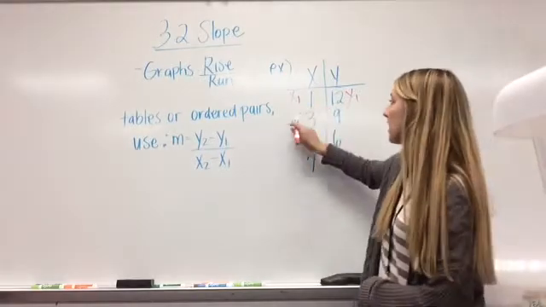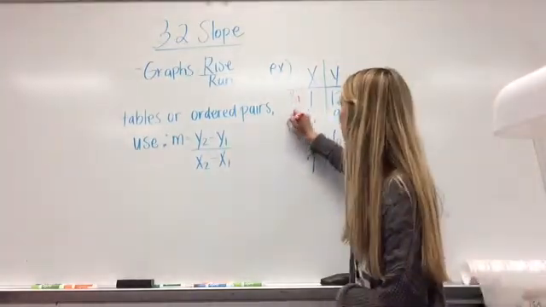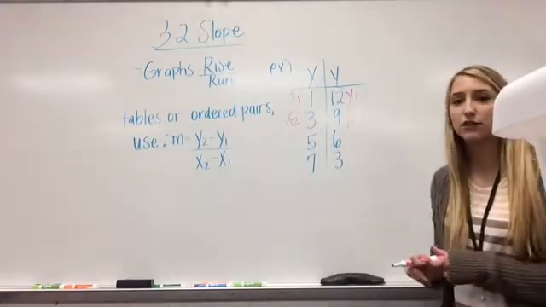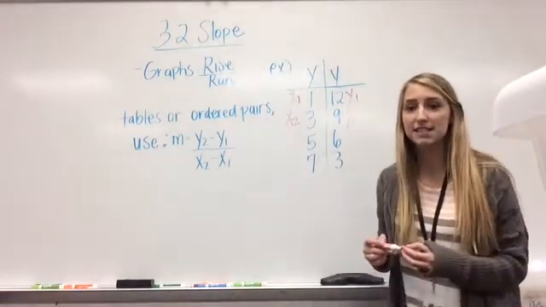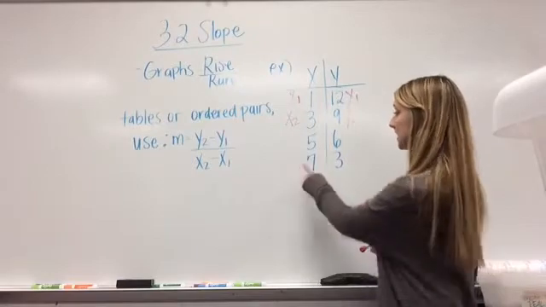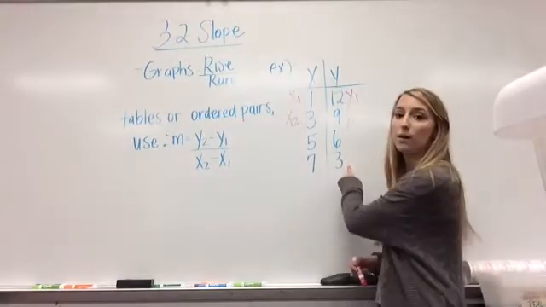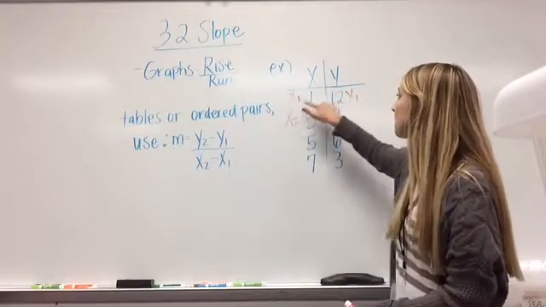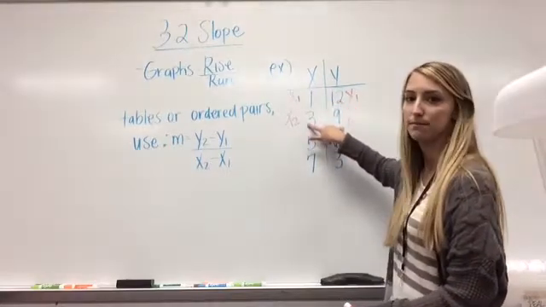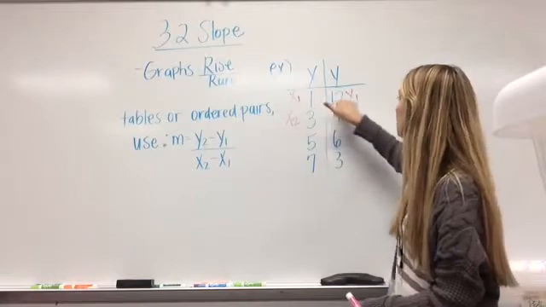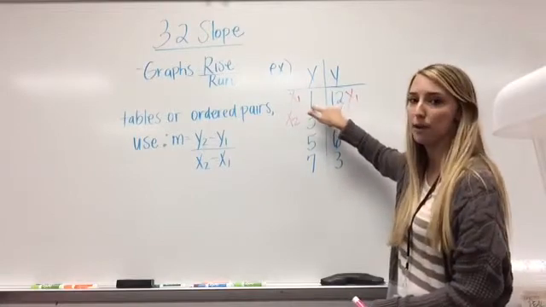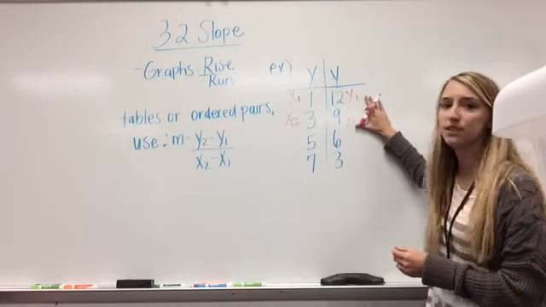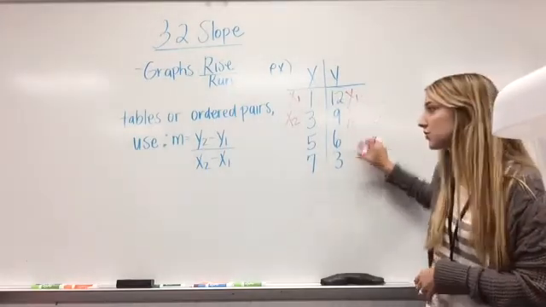And over here, I'm going to label this x2 and y2. I just picked the first points because that made sense to me, but I also could have picked this for my x1 and this for my y1. It doesn't matter as long as the 1's match up and the 2's match up. So these x1 and y1 have to be part of the same ordered pair. Okay? Now all we have to do is plug these numbers straight into our formula.